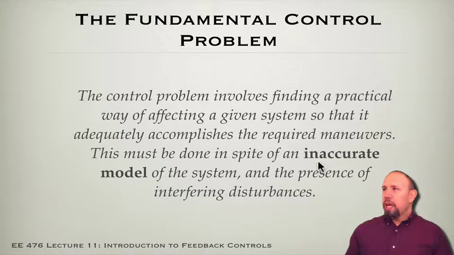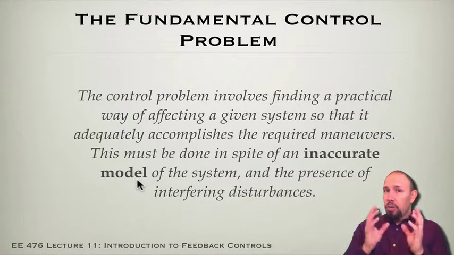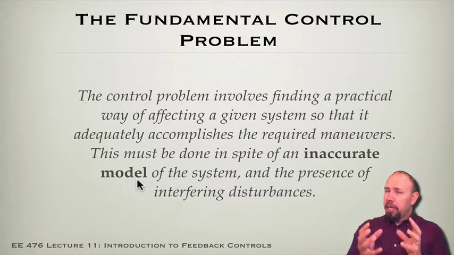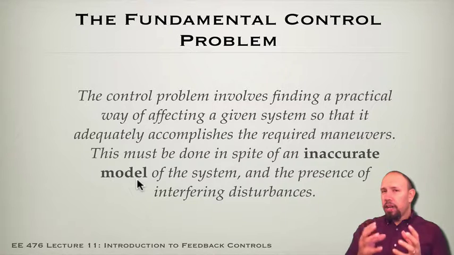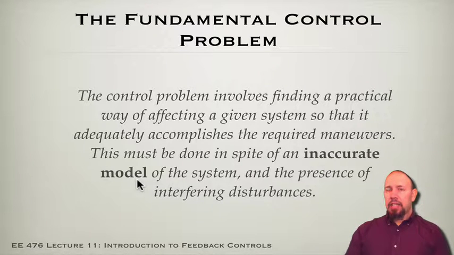This must be done in spite of an inaccurate model. So you may have a model for your system, but it may not be very accurate. For example, with the system identification, we came up with a model, but we know that there may be some inaccuracies depending on how much noise was in the system, or if we developed the model from first principles, that is through the differential equations and physics laws and so forth, we may not know the parameters exactly.